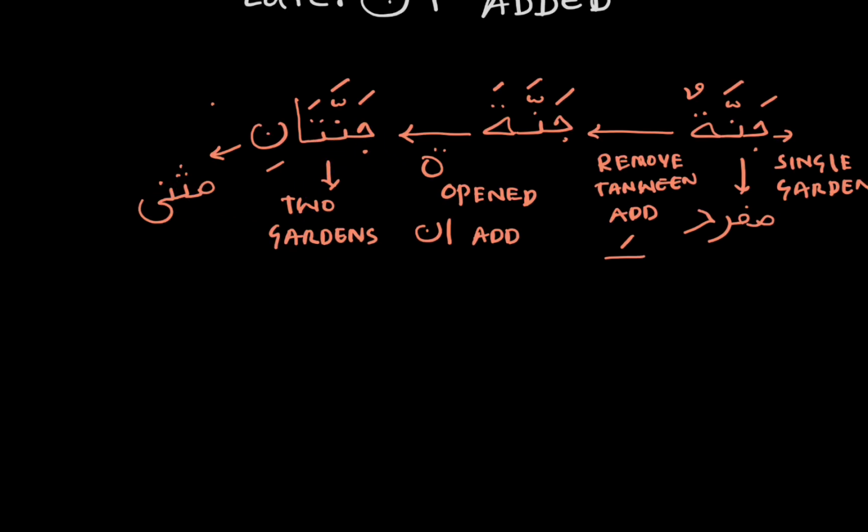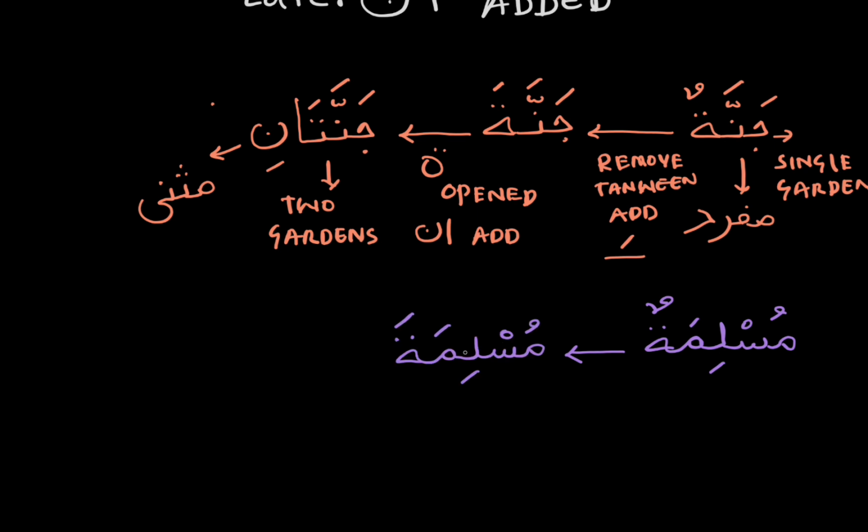Now let us take one more example, that is Muslimatun. How to convert this singular noun into a dual noun? First remove the tanween from the last letter and add fatha over the last letter. Then it becomes Muslimata.